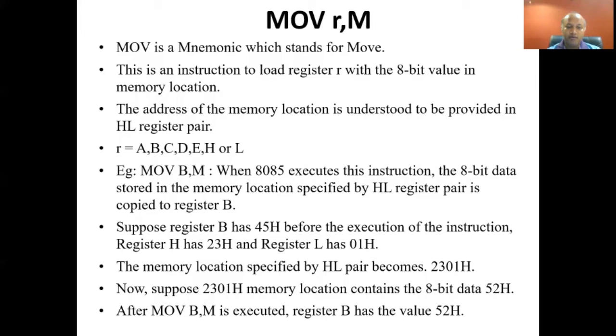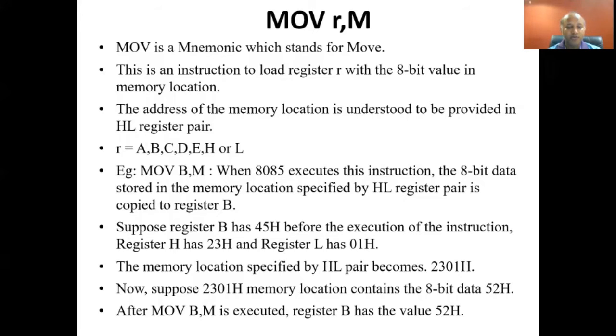The memory location specified by HL pair becomes 2301H. The point to be noted here is the data is of 8 bits and the address is of 16 bits. So 2301H is a 16-bit number, which is the address of the memory location.